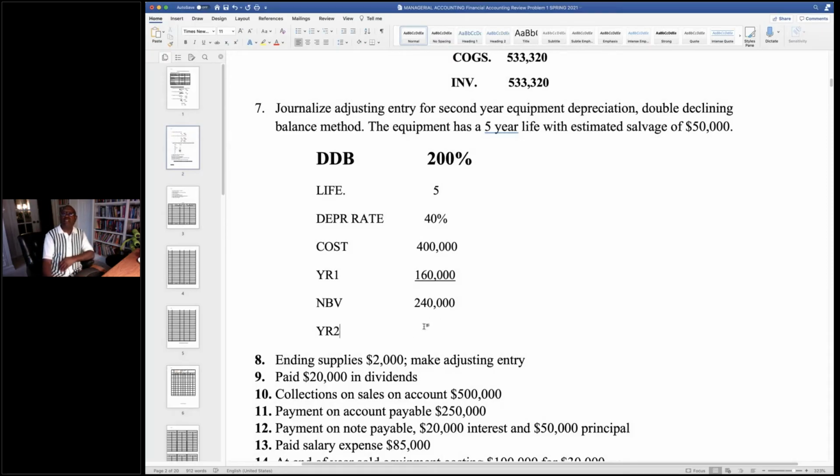Correct. 40% of 240. So what's 40% of 240? Is it 96,000? I'll take your word for it.